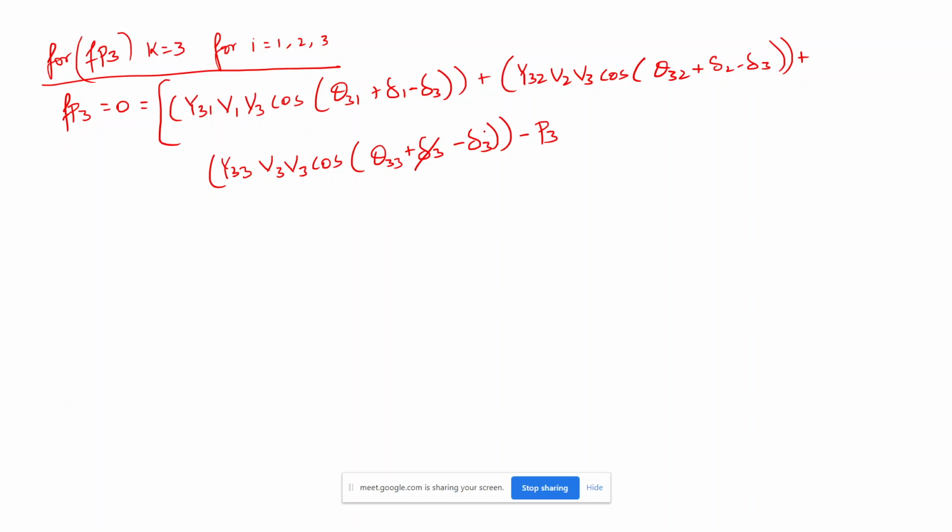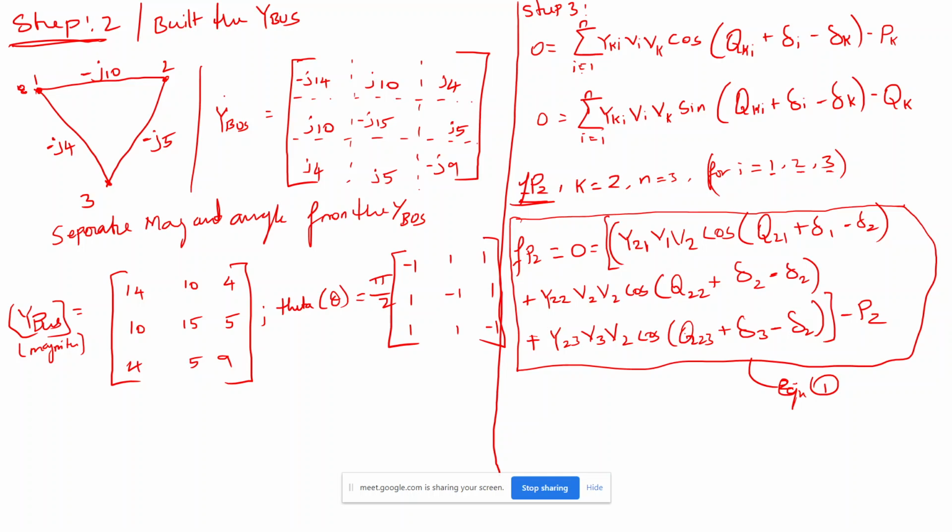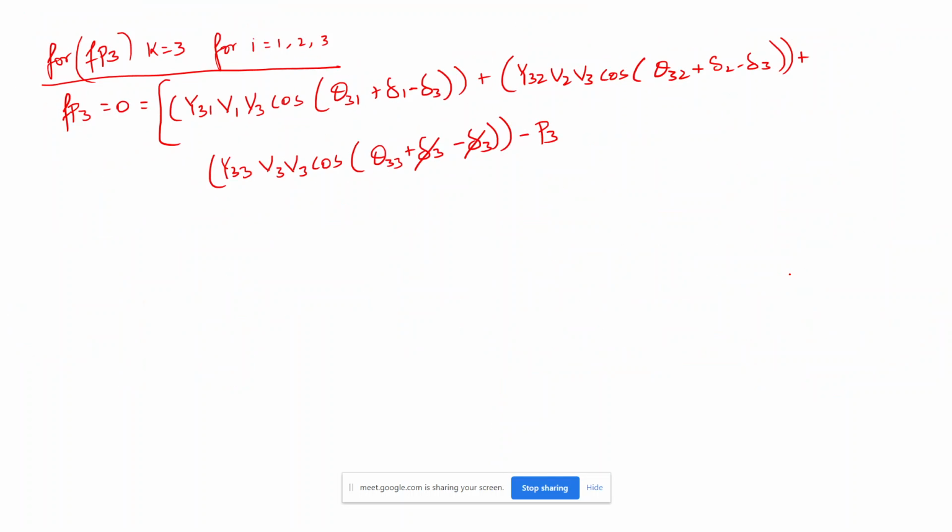You see this del 3 can be cancelled, right? In the previous case also we can cancel this, because del 2 minus del 2 is cancelled, right?